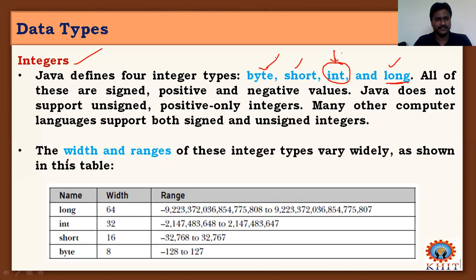Okay, the width and ranges of these integer type variables: a byte variable takes 8 bits, short 16 bits, int 32 bits, which means 4 bytes, and long 64 bits, 8 bytes. These are the value ranges for these integral types.